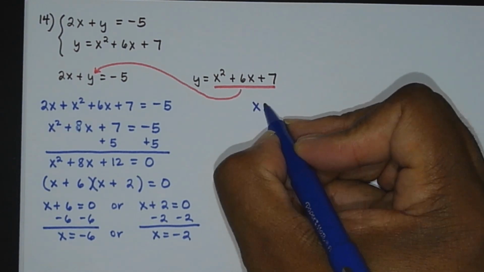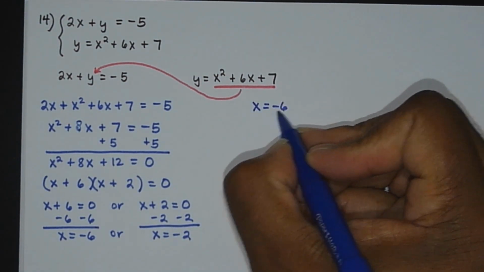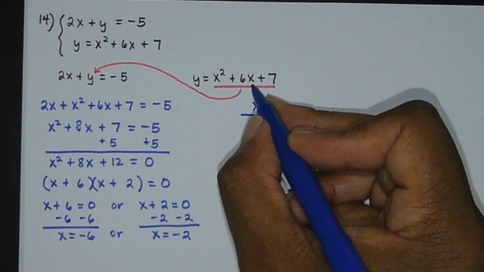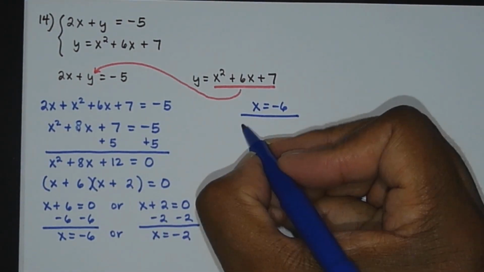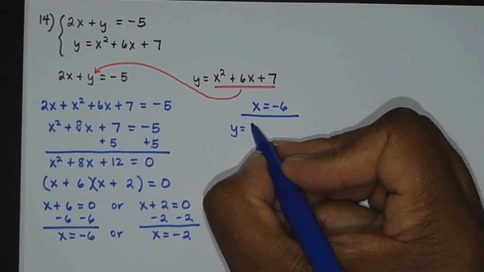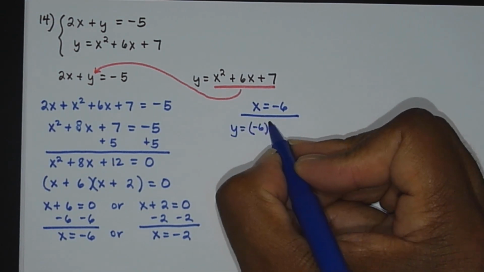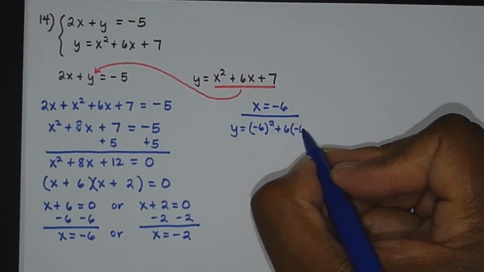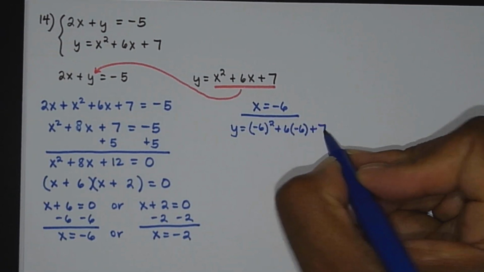So here, let's start with x equal negative 6. And then we're going to substitute each x here with the negative 6. So we're going to have y is equal to x, which is negative 6, and that's squared, plus 6 times x, which is negative 6, plus 7.